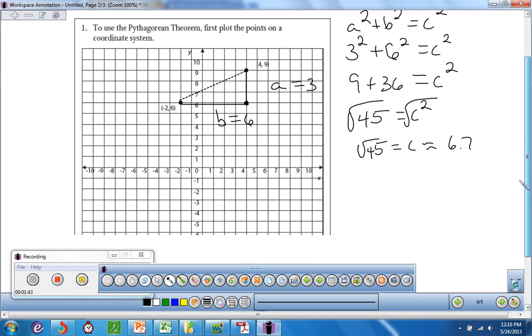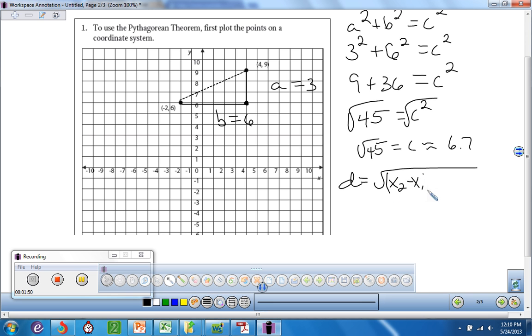Alright, now to use the distance formula, remember that D is equal to the square root of the change in X squared plus the change in Y squared.